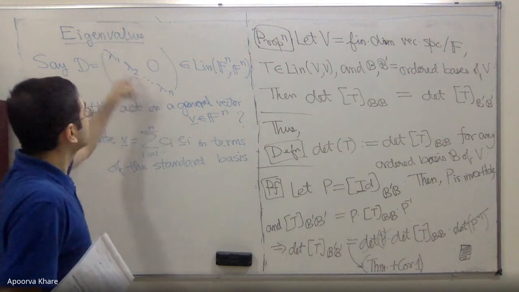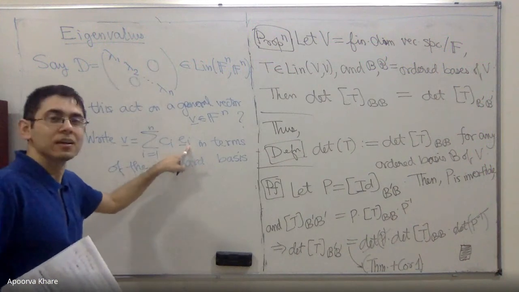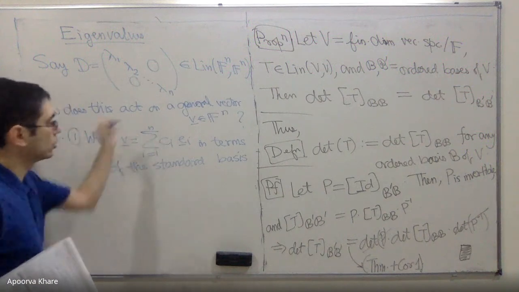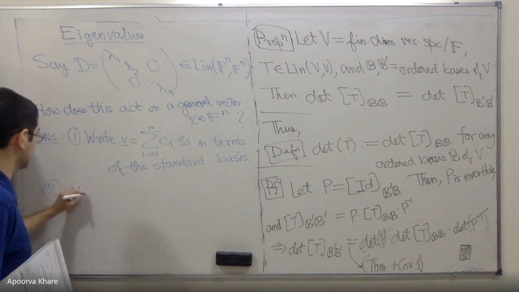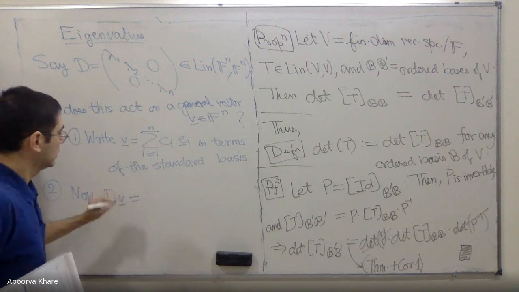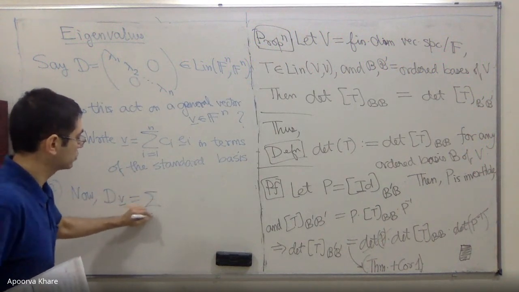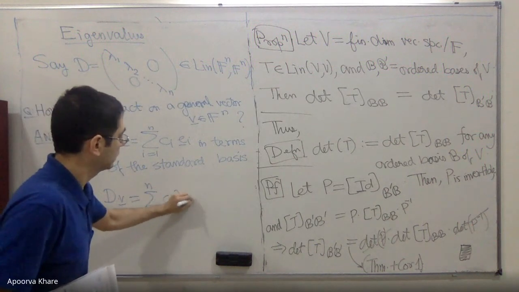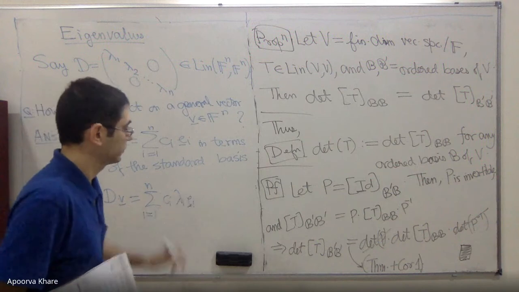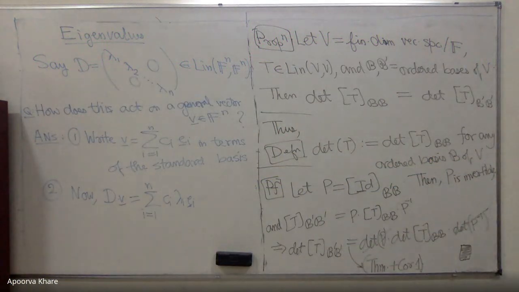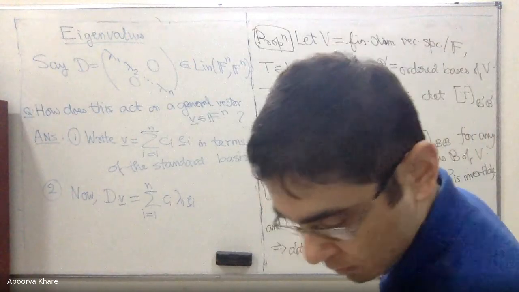Because I know that this matrix acts on e_i by rescaling by lambda_i. And it is a linear transformation, so it goes inside. Now, D times v is very simply the summation, i goes from 1 to n, of c_i lambda_i e_i. That's what it is. Nothing else.